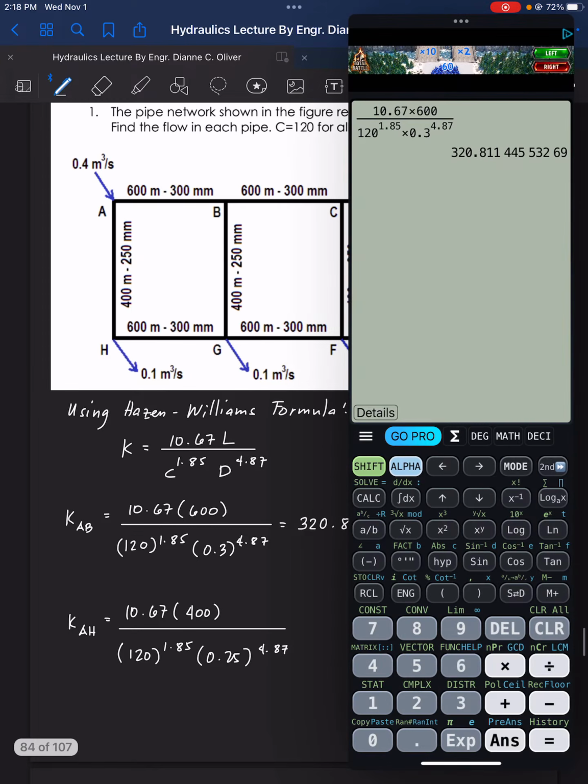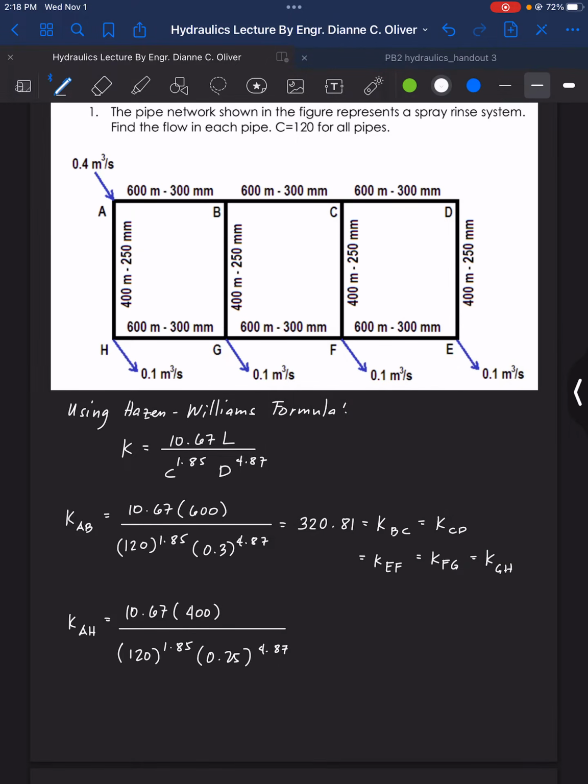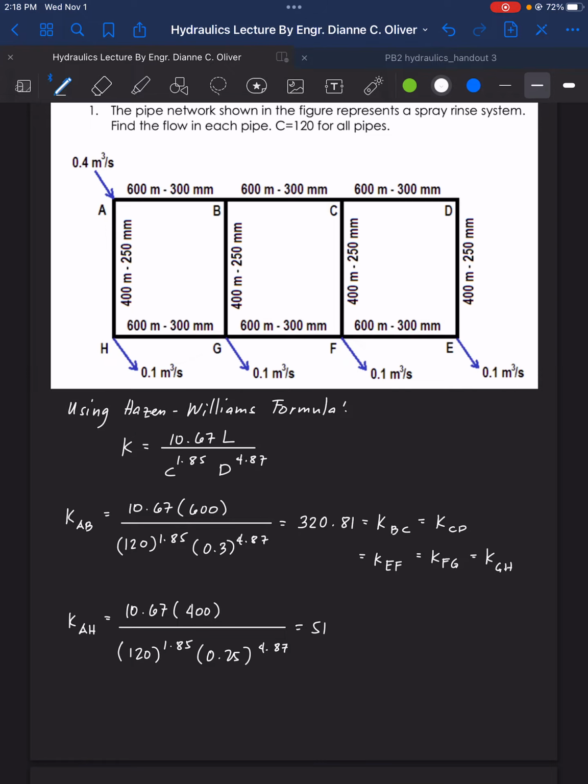So that is equal to 519.72, and this is also equal to K of BG, K of CF, and K of DE.